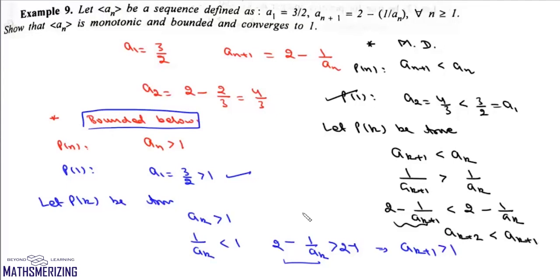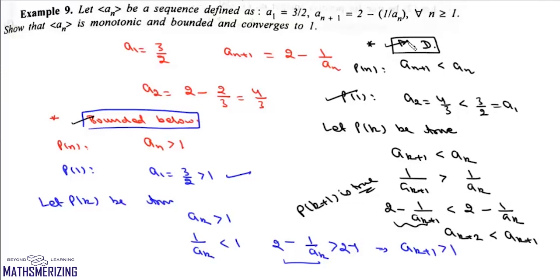That means Pₖ₊₁ is true. So from mathematical induction we can say that this sequence is a monotone decreasing sequence. So the sequence is bounded below and monotone decreasing. Then we can say that this sequence is a convergent sequence.